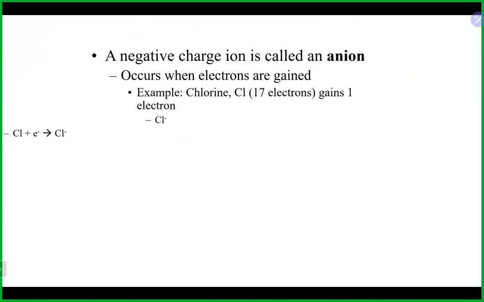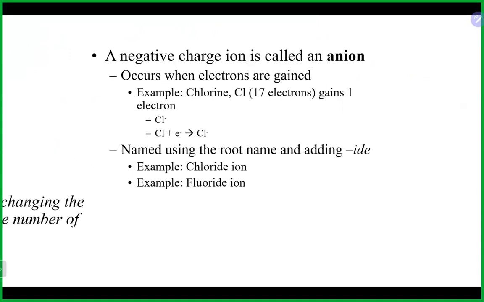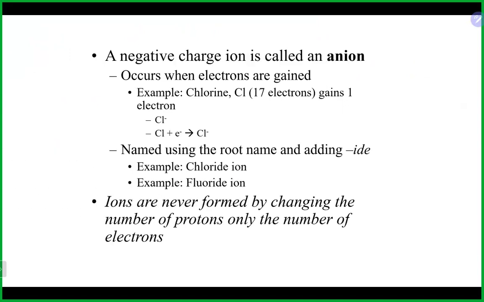Now, anions, as I mentioned before, are negatively charged ions, and they are a result of gaining electrons. So if we take a look at chlorine on the periodic table, that's number 17. So in a neutral chlorine atom, it should have 17 protons, as that is its atomic number.